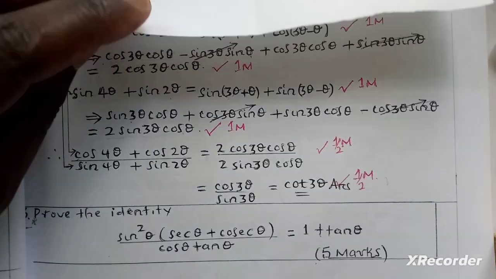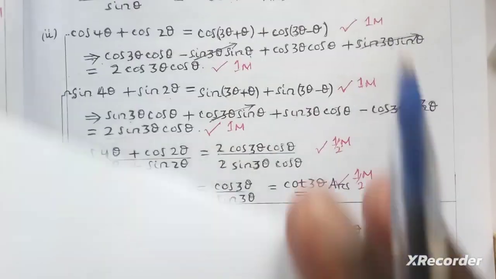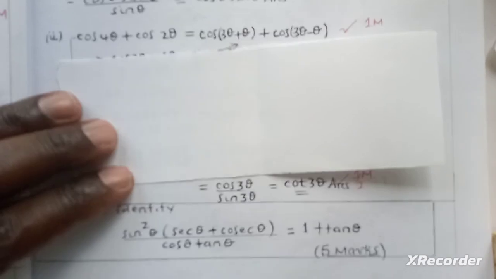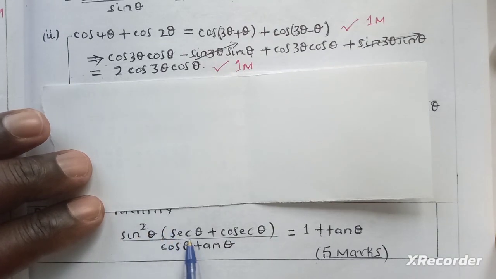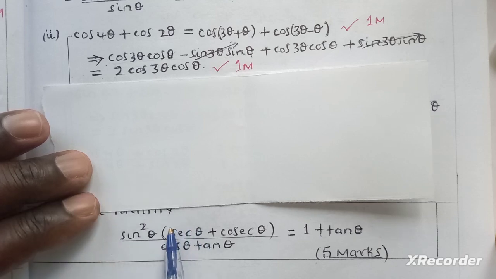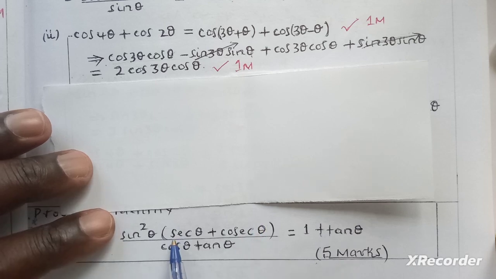Prove the identity. So I write it like this. This is sine squared theta, bracket sec theta plus cosec theta, close the bracket. So I'll write these in terms of sine.